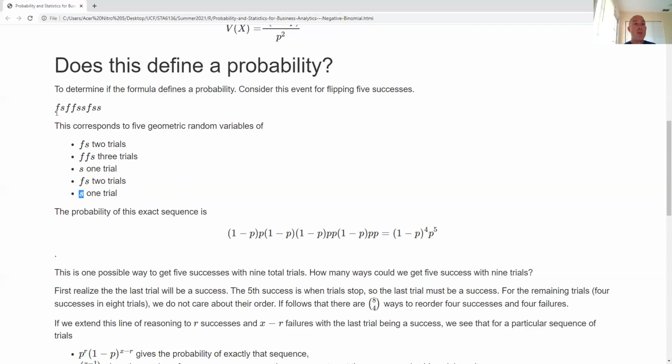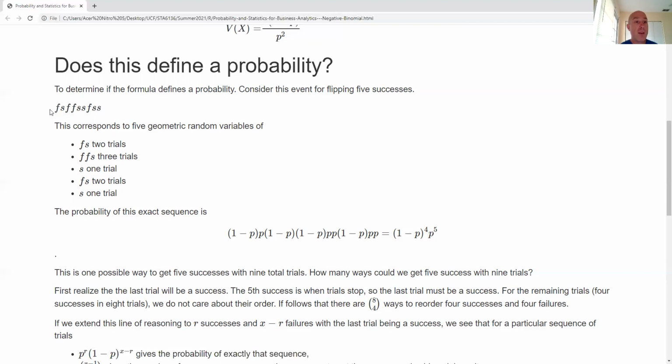Let's think about the probability of exactly this particular sequence if I'm flipping a coin. Every time I see an F, that was a probability of 1 minus P. Every time I see an S, that is a probability of P for success.